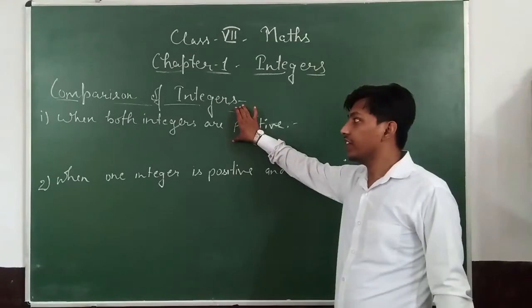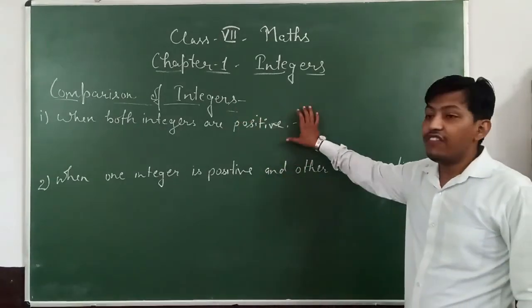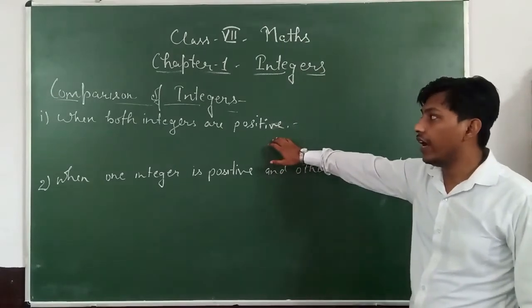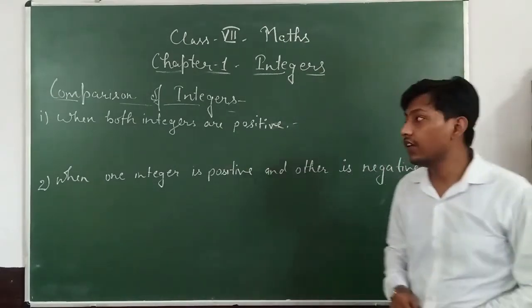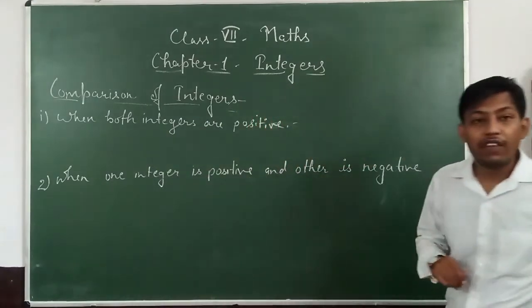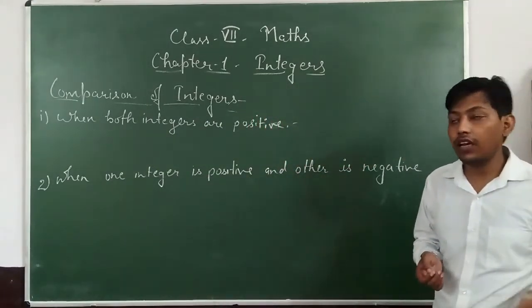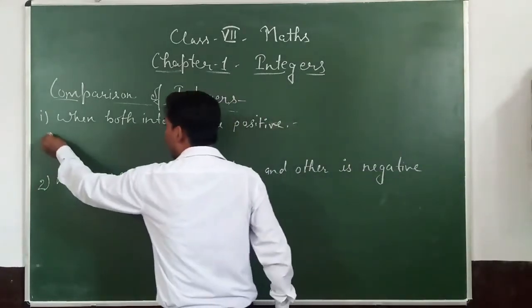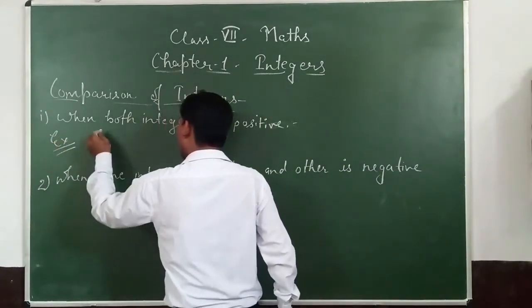Comparison of integers. We have 5 situations, 5 rules. According to that, we compare the integers. The first is when both integers are positive. When we have both integers positive, how can we compare them? Take an example.